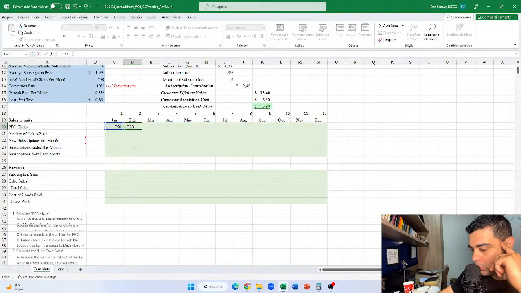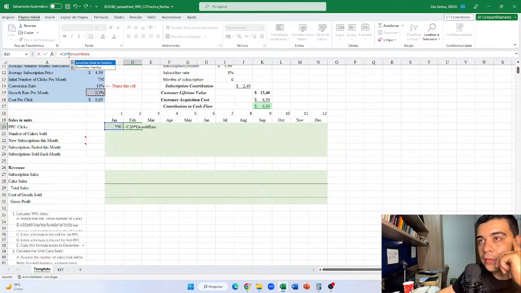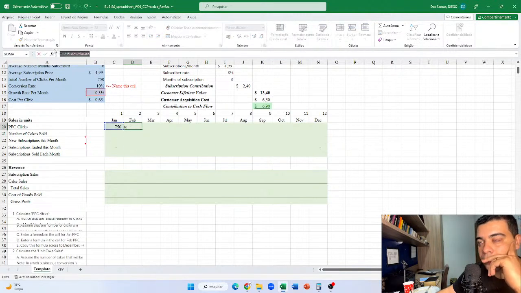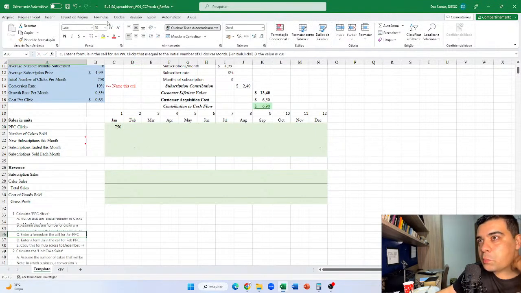Vezes 0.3%. Isso vai pôr growth rate. Growth rate, não. Tá, beleza. Aqui acho que ele explica como fazer.